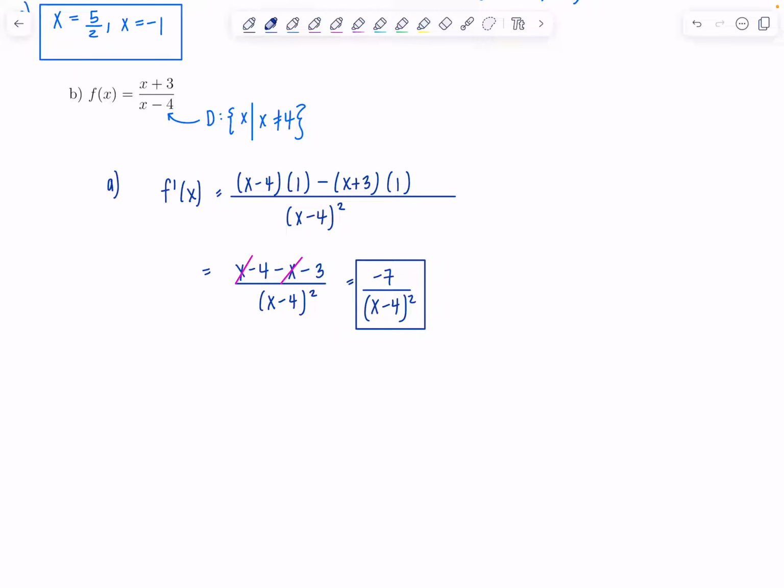Okay, I'm going to teach you a really important shortcut that's going to help you. If your derivative is in the form of a fraction, a rational function, then when the numerator is 0, that means f prime equals 0. If the denominator equals 0, that means f prime does not exist.